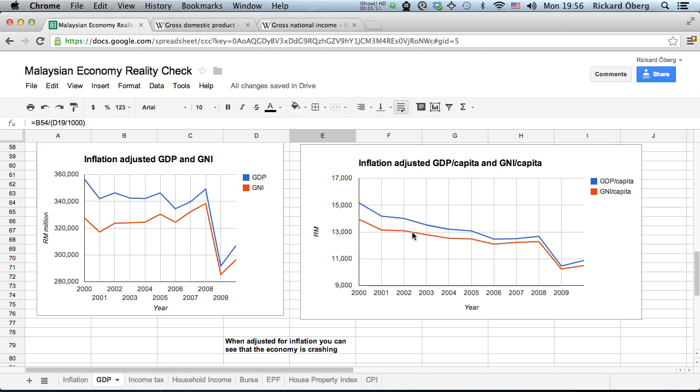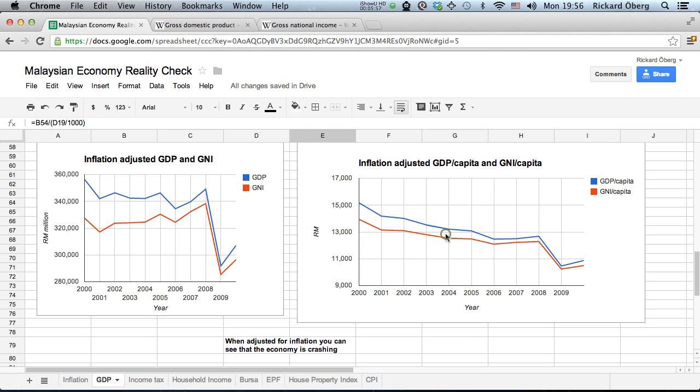It gets even worse if we take this inflation-adjusted GDP and take it per person instead. Because of course, in these past 10 years, the population has increased quite a bit. For every person that is born and added to the economy, there's an expectation that there will be more added to the GDP.